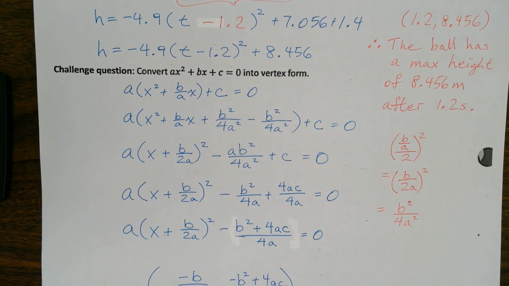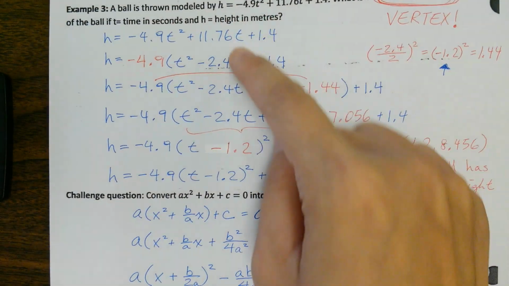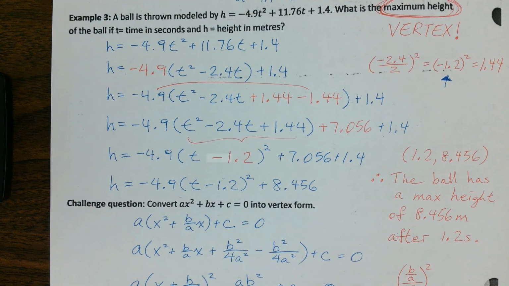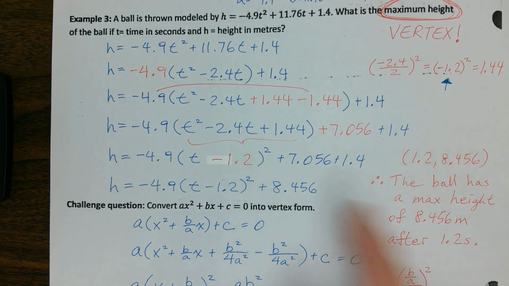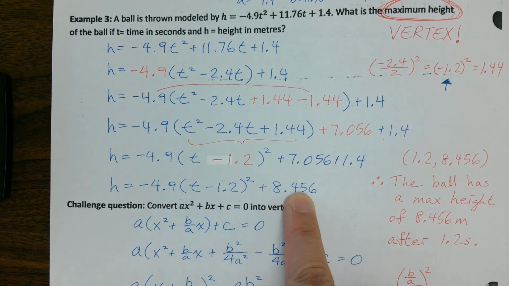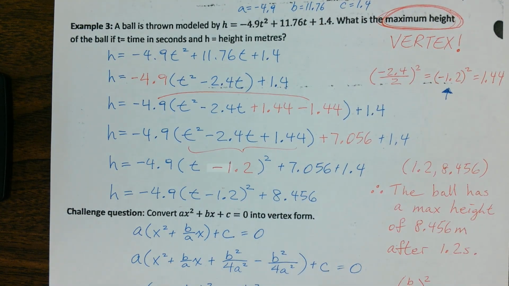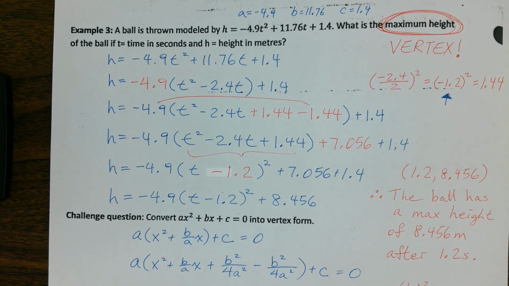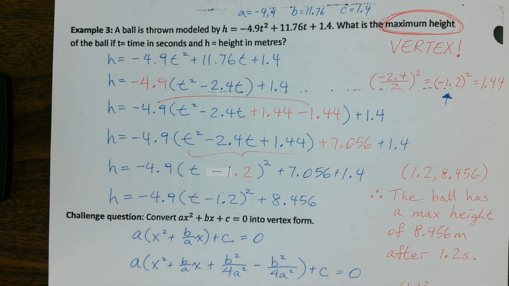For each of the chapters, notice I teach you one method, complete the square, and I also teach you the shortcut method to check your answer at the end. After you finish all this, do negative b over 2a to figure out what your vertex is and see if it matches. If it matches, you know you got the right answer. If it doesn't match, that means you completed the square wrong.